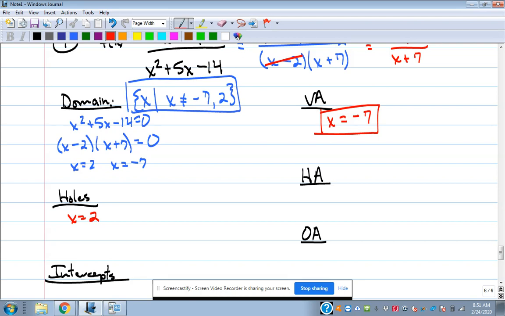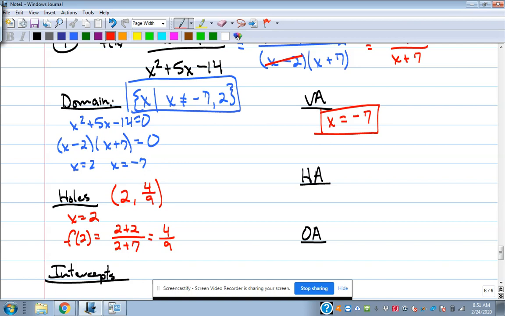So all we've got to do is plug that into the equation. Okay, so we're going to find f of 2. I'm going to go to the simplified version because it's shorter, right? So 2 plus 2 over 2 plus 7 is 4 over 9. So there's a hole at 2, 4 over 9 on the graph.